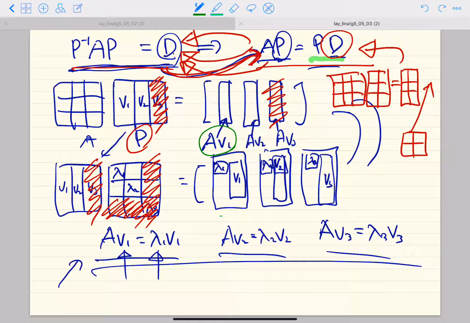And so we obtain this kind of equation, which is exactly the eigenvalue and eigenvector equation. So in conclusion, the columns of P should be eigenvectors, and the diagonal elements of D should be the eigenvalues in the corresponding columns, right?